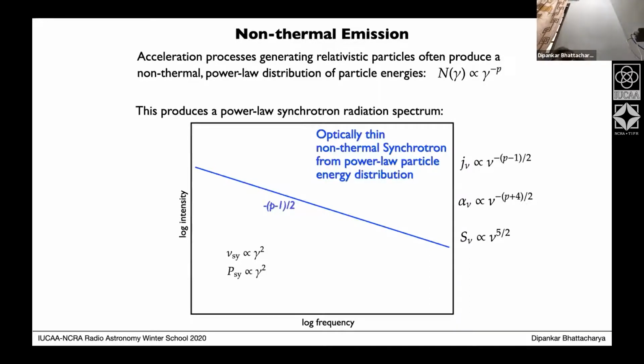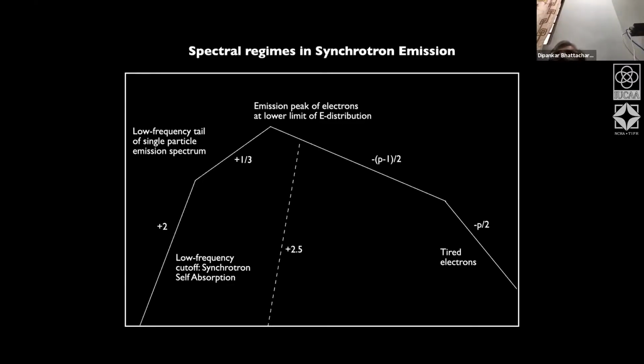Now, if you look at the absorption coefficient of this material, then that has a dependence of nu to the minus (p plus 4) by 2. Therefore, the source function for this kind of power law distribution has a frequency dependence which is proportional to nu to the power of 5 halves. So as you go to lower and lower frequencies, at some point the source may become optically thick.